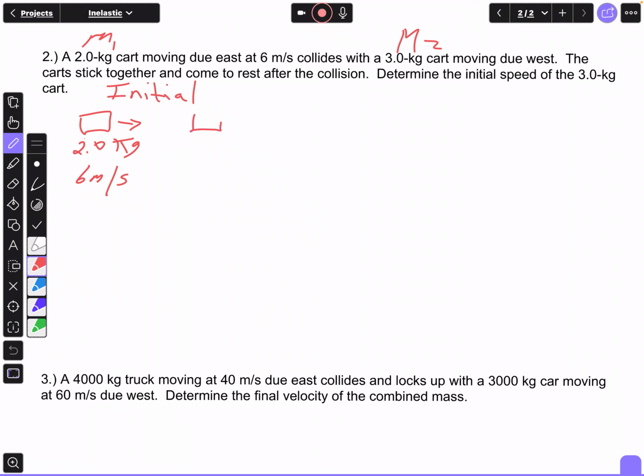My second cart is 3.0 kilograms. And it says it's moving due west, but it doesn't give me a speed. I'm going to be solving for the initial speed of it, so I'm solving for V2I, the initial velocity of the second object. Okay, after the collision, they're going to stick together.